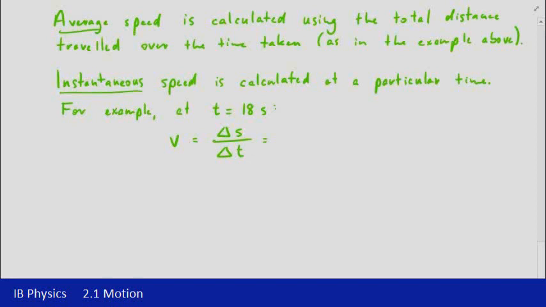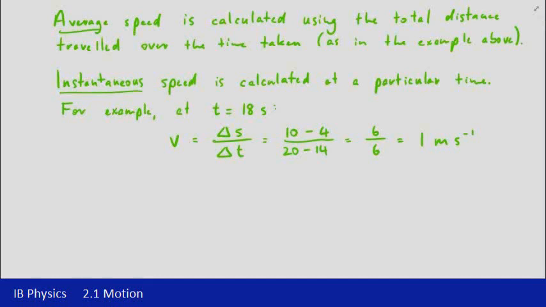The distance was 10 meters minus 4 meters, and the time was 20 seconds minus 14 seconds. That gives us 6 over 6, and then a speed of 1 meter per second. So for that particular point in time, t equals 18 seconds, the instantaneous speed is 1 meter per second.